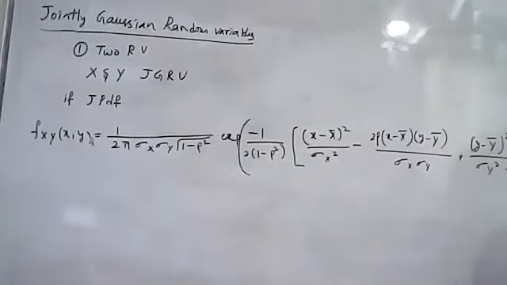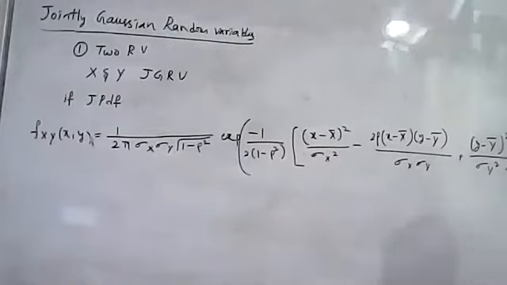It is 1 by 2 pi sigma x sigma y root of 1 minus rho square, exp of minus 1 by 2 (1 minus rho square) into [(x minus x bar) square by sigma x square minus 2 rho (x minus x bar)(y minus y bar) by sigma x sigma y plus (y minus y bar) square by sigma y square].